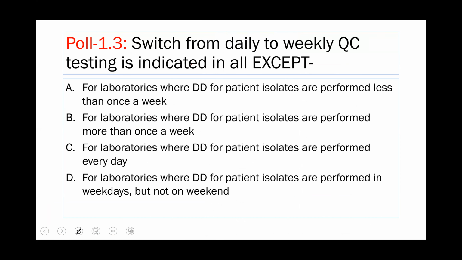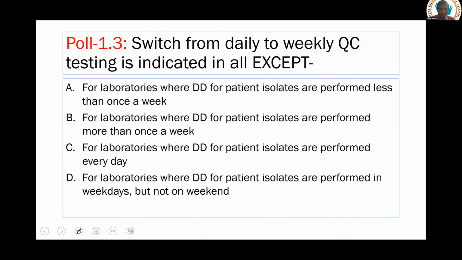So, already displayed. The question here is, if the laboratory switches from the daily to weekly plan. We are all doing QC usually weekly, but there are two formats to do QC. Either you can do QC daily or you can do weekly.